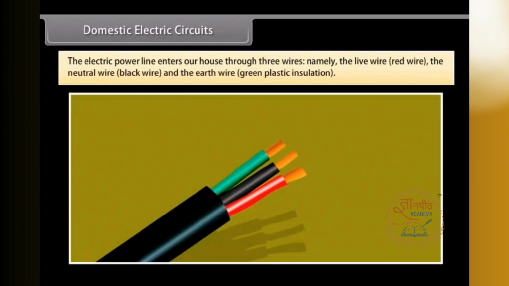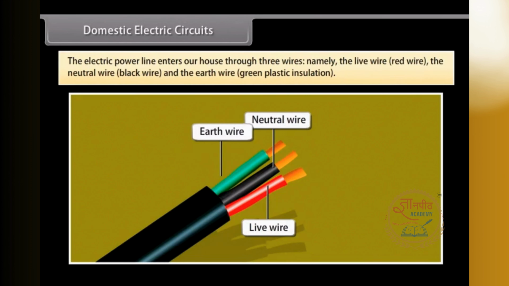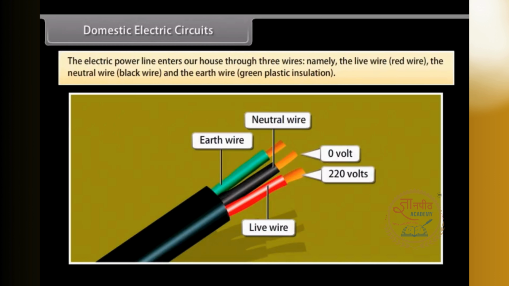The electric power line enters our house through three wires, namely the live wire, red, the neutral wire, black, and the earth wire, green, with plastic insulation. The live wire has a high potential of 220 volts and the neutral wire has zero potential. Thus, the potential difference between the live wire and the neutral wire is 220 minus 0, which equals 220 volts.